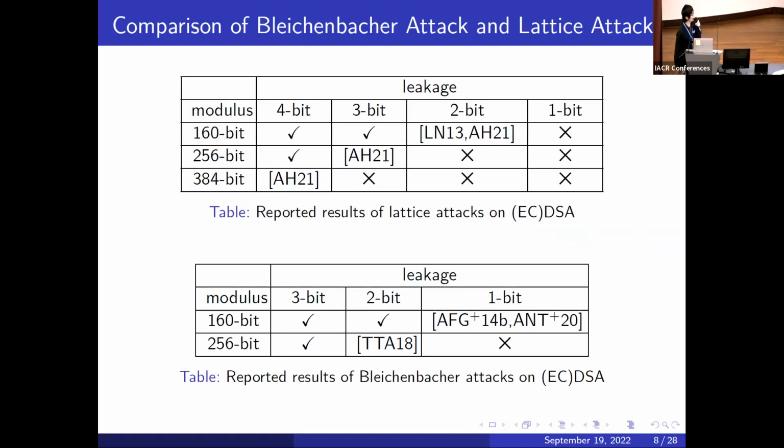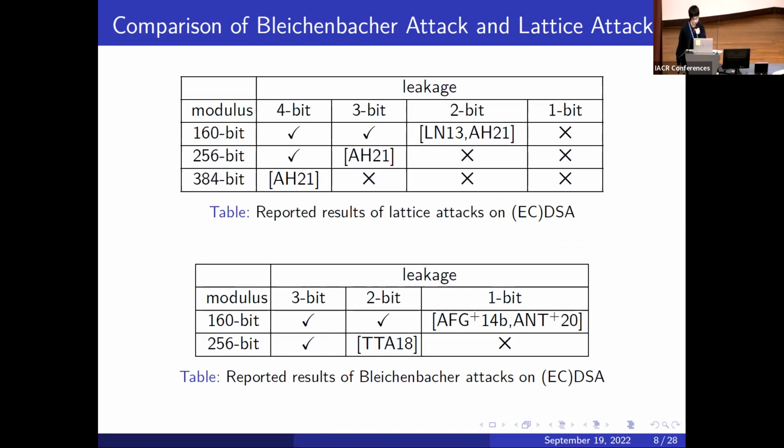These two tables are the reported results of the attacks on ECDSA. The first one is the lattice attacks on ECDSA. As we can see in the table, lattice attacks can now deal with a 160-bit modulus with 2 bits of nonce leakage, a 256-bit modulus with 3 bits of nonce leakage, and 384 bits with 4 bits of nonce leakage.